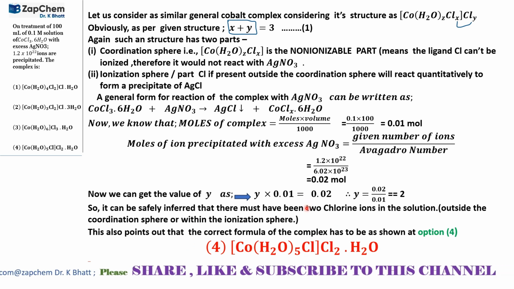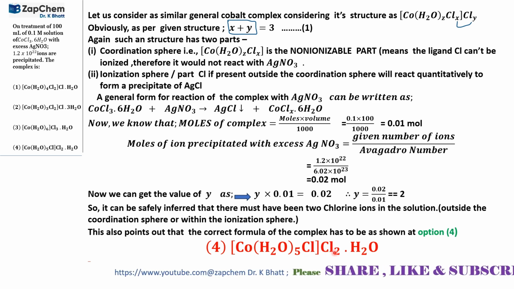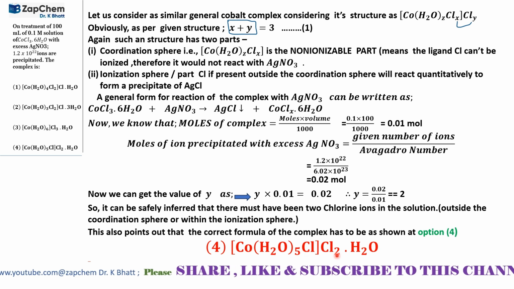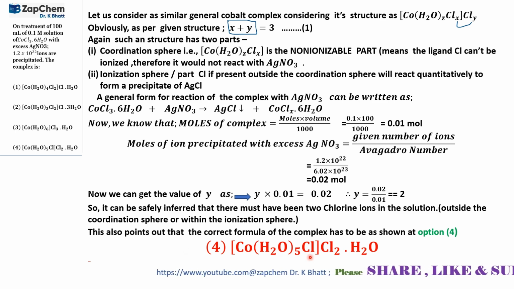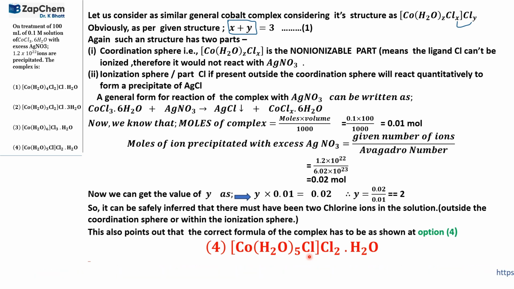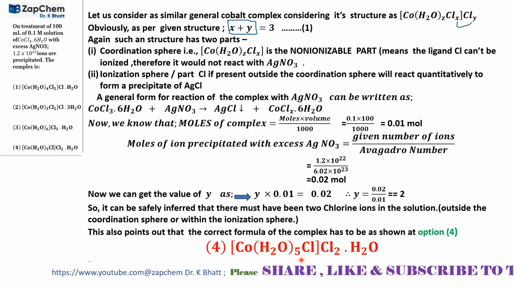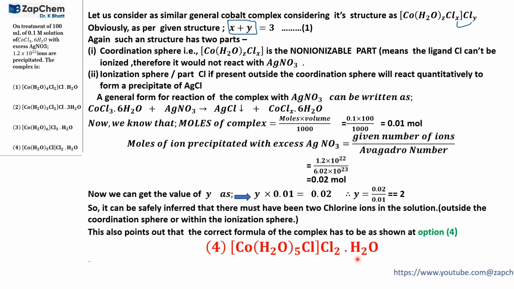This points out that the correct formula of the complex should have Cl2, two atoms of chloride ions, outside. And the total number of chlorine atoms given here is Cl3. Naturally, therefore, one Cl is within the coordination sphere. And therefore, the formula of the compound should be [Co(H2O)5Cl]Cl2.H2O.